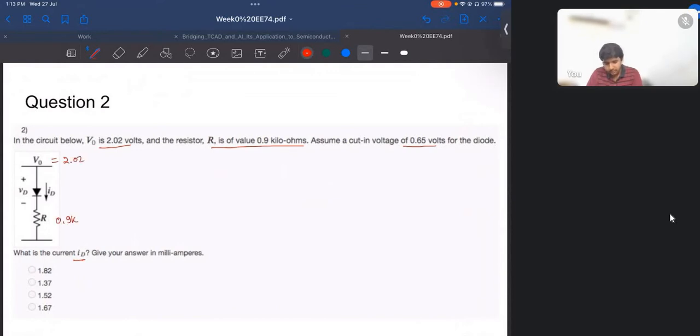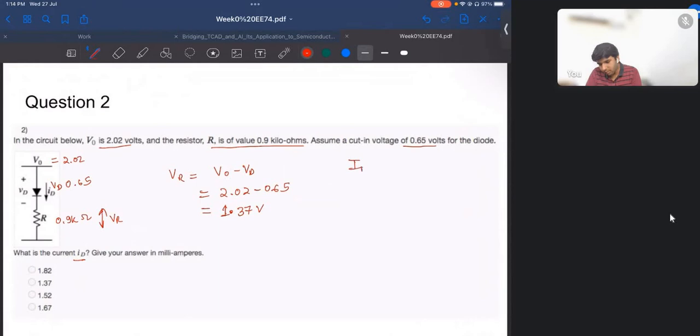This is 0.9 kilo ohms. So if we apply KCL, the drop across the resistor, if this is 0.65 VD, will be VR equal to V naught minus VD, equals 2.02 minus 0.65, which is 1.37 volts.